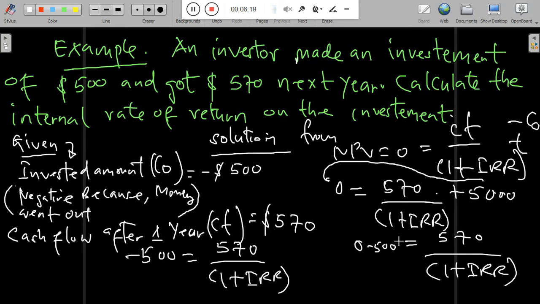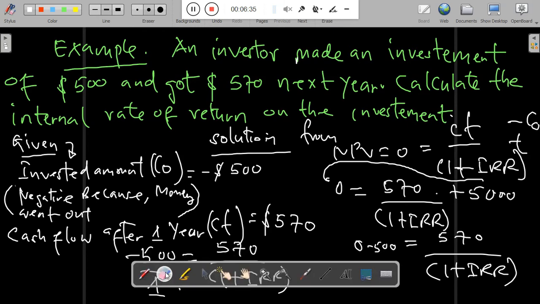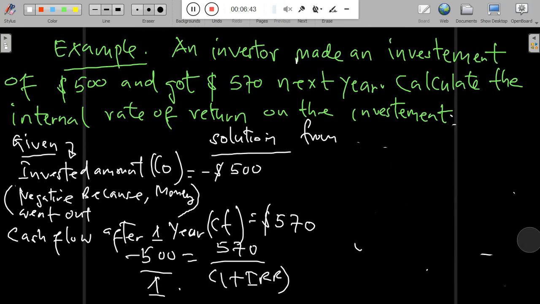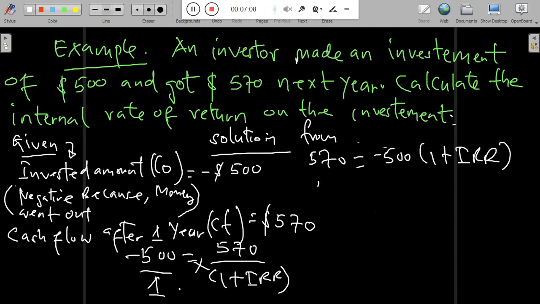So let's do cross multiplication and solve for IRR. This gives 1 times 570, that is 570, equal to 500 times (1 plus IRR).